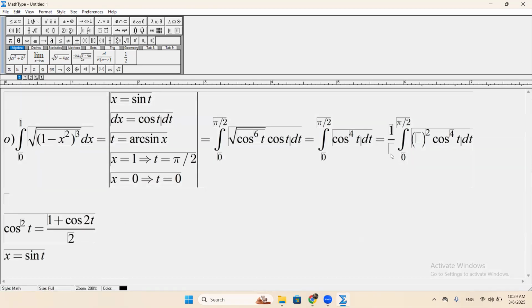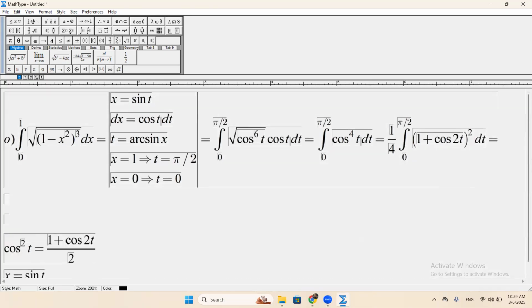So I'm moving 1 over 4 out of the brackets, and I receive 1 plus cosine of 2t.